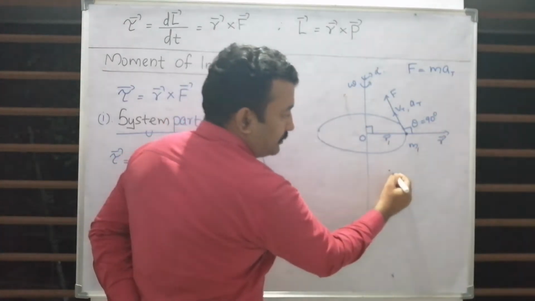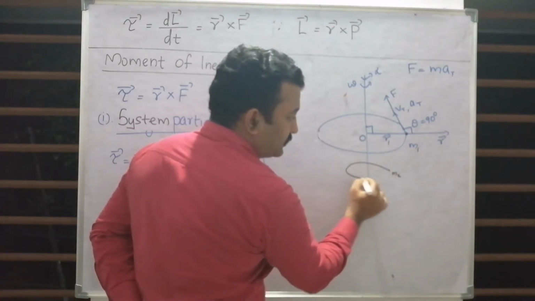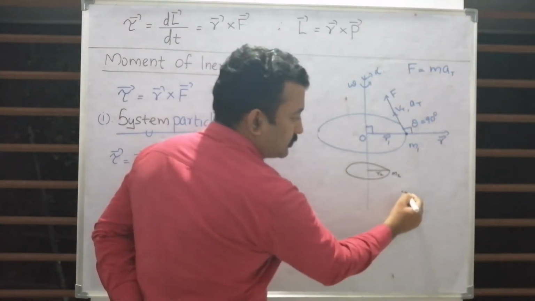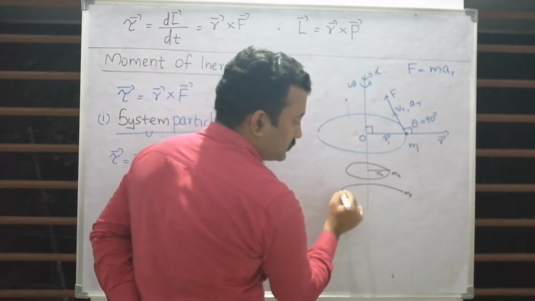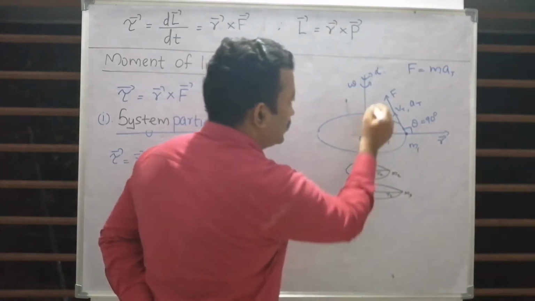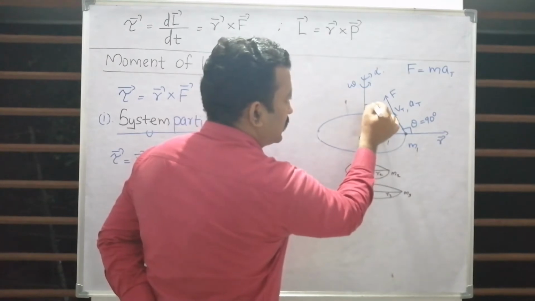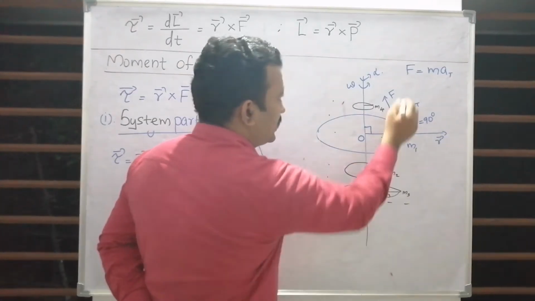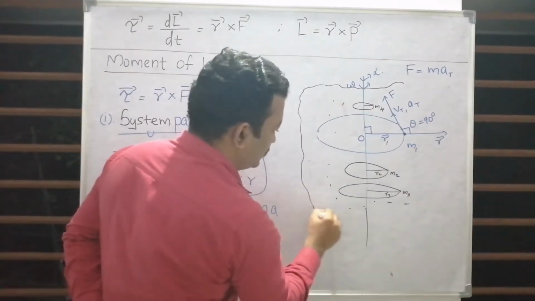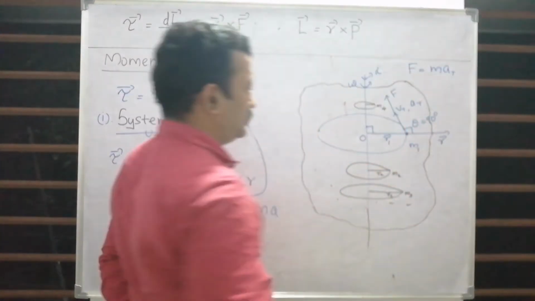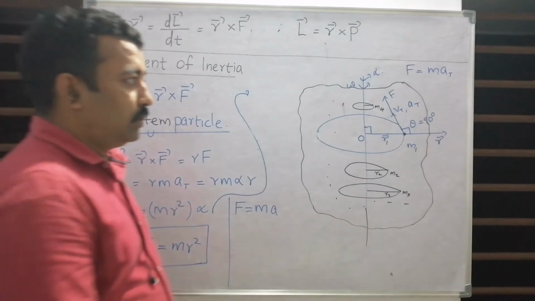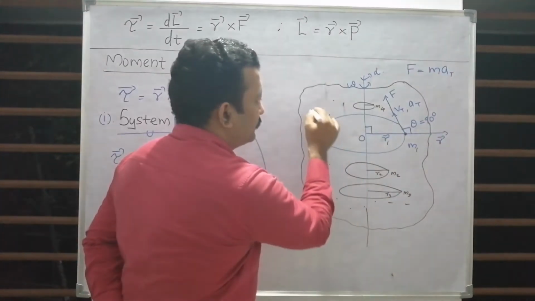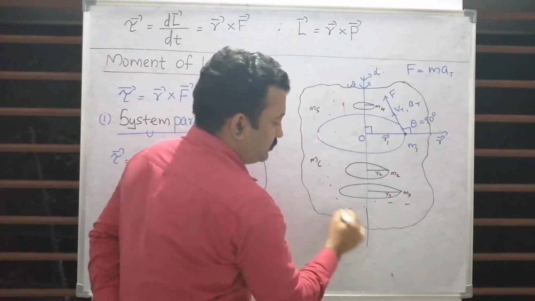Imagine another particle m2 at a distance of r2, m3 with r3, m4 with r4, or n of them, so that I can consider the entire system as part of a very large body, a continuous distribution of masses: m1, m2, m3, m4, m5, m6, up to mn.